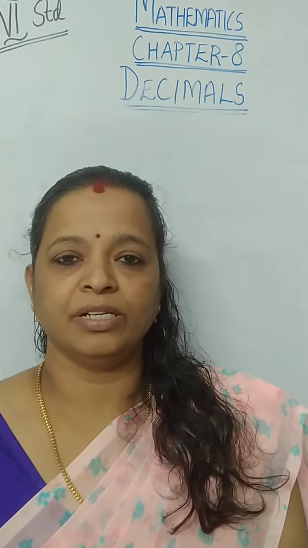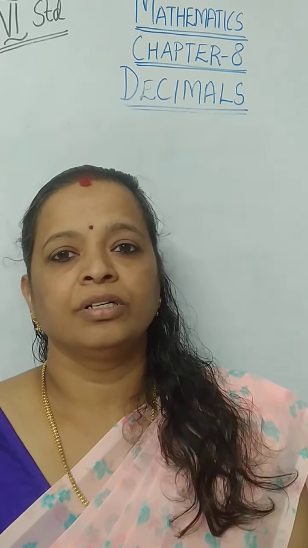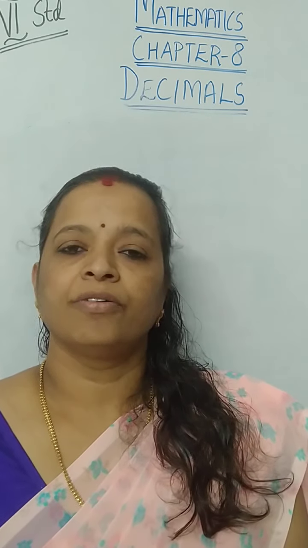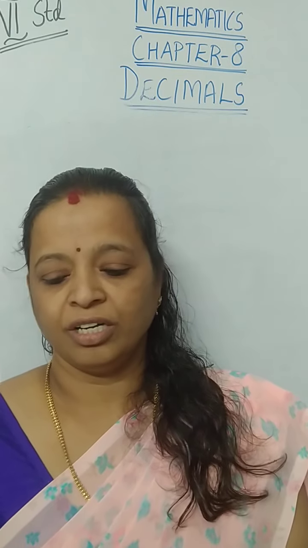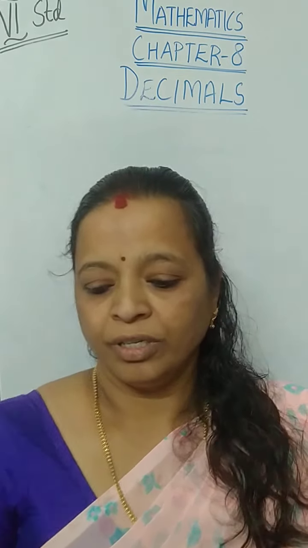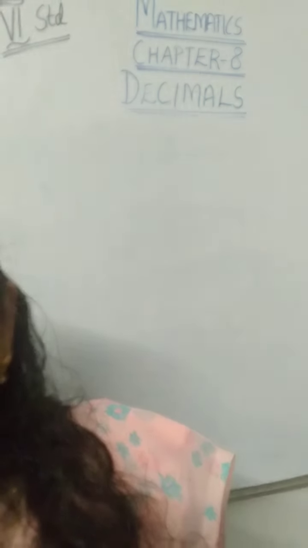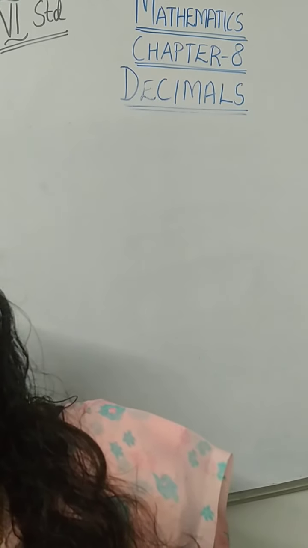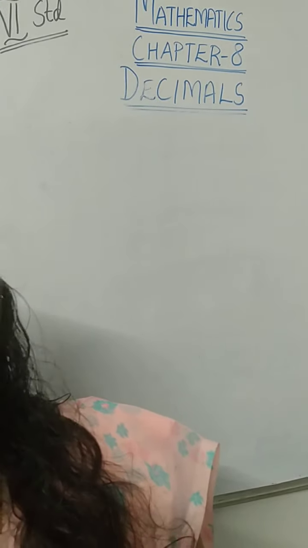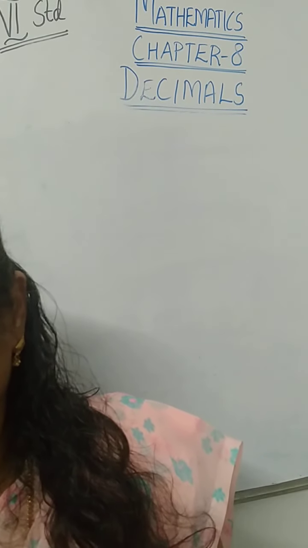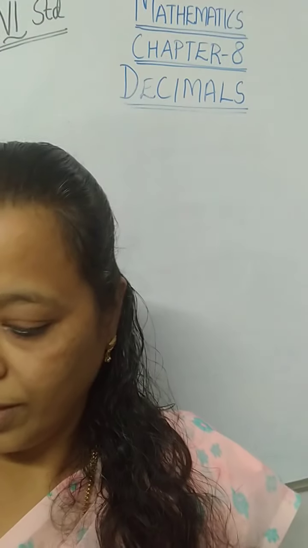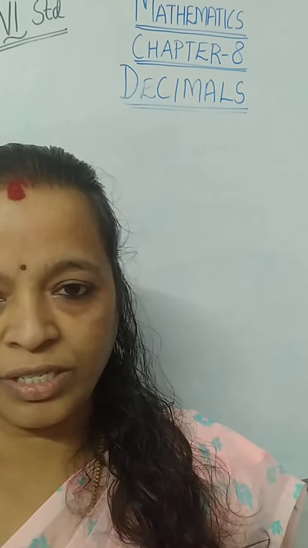In the chapter Decimals, you have learnt about the conversion of fractions to decimals and decimals to fractions. Also, you learnt about the place value of decimals. Then, you learned to convert paisa to rupees.